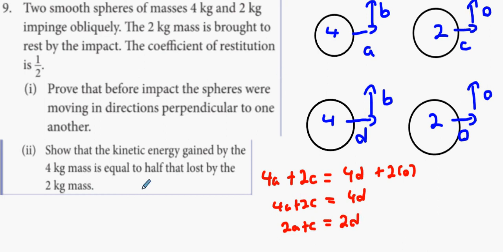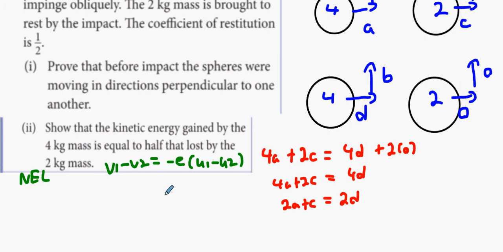Next, we're going to go with Newton's experimental law. V1 minus V2 equals minus E into U1 minus U2. Okay, and our E is a half. Minus a half.